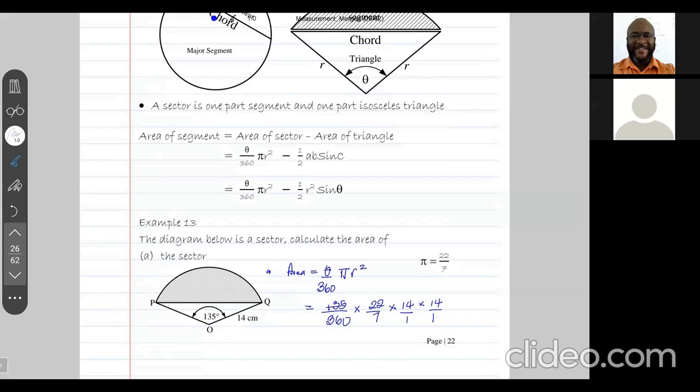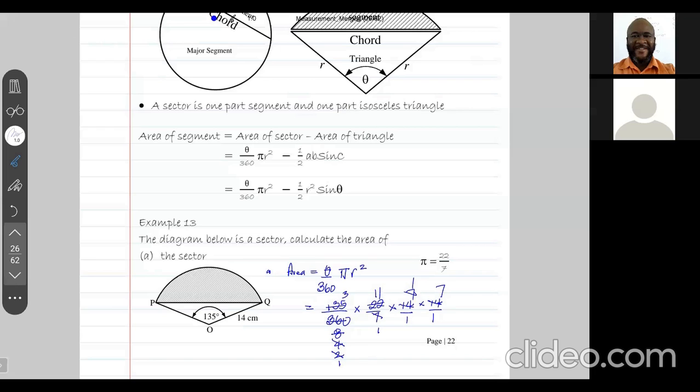45 goes into this 3 times. 45, I think, goes into this 8 times. 2 into this is 4, 11. 2 into this is 2, 7. 2 into this goes 7. This 7 cancels this 7.